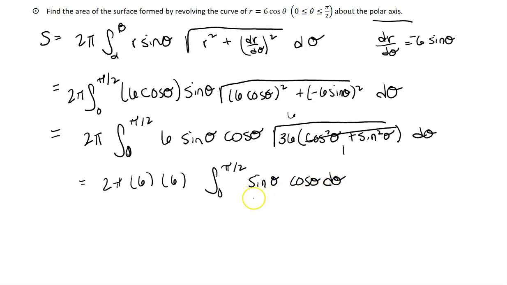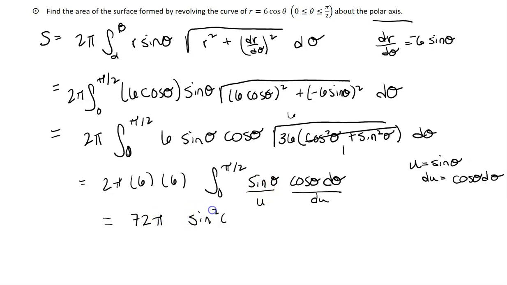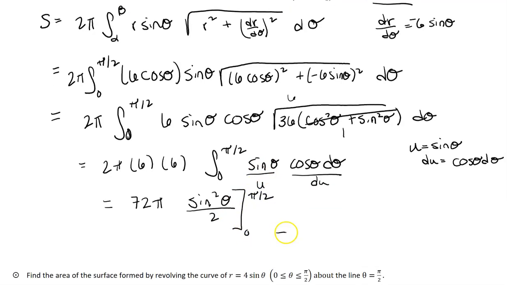And hopefully you recognize this integral from 8.3, I think it was. We let u be sine of theta, and du would be cosine of theta d theta. So this is our u, and this is our du, so this is u squared over 2. So I have 2 times 6, which is 12 pi, and my integral is going to be sine squared of theta over 2, that's the u squared over 2, and it's going to go from 0 to pi over 2.